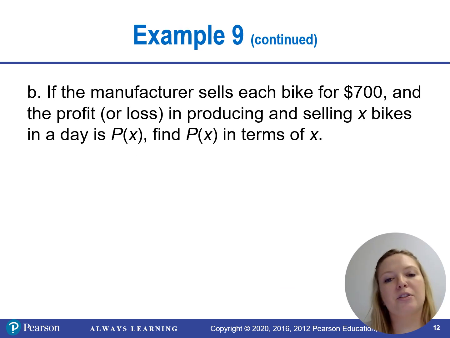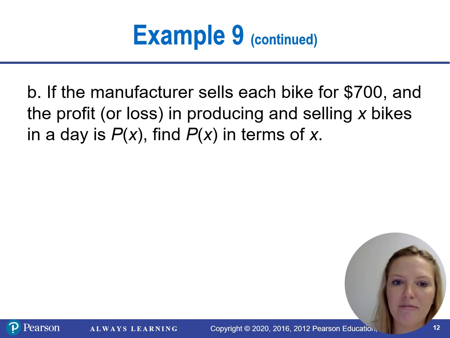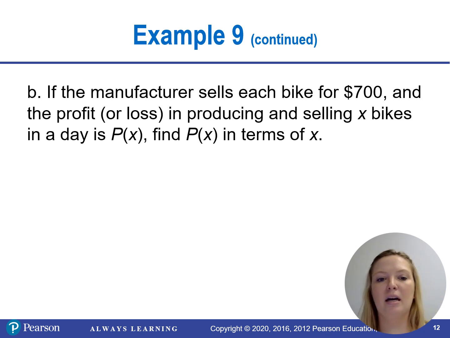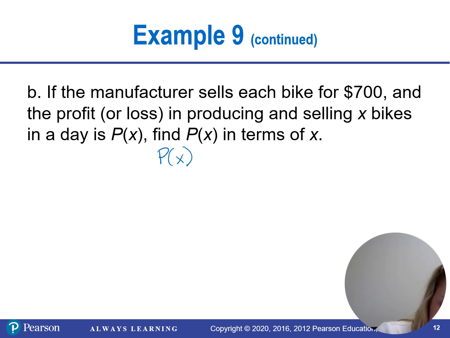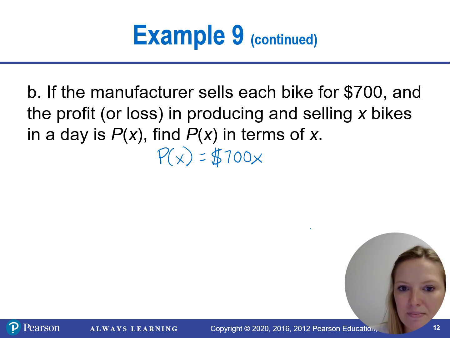Now, if the manufacturer sells each bike for $700 and the profit or loss, if they don't make money in producing and selling x bikes, is P of x, then we can write P of x as a function in terms of x. They're going to make $700 per bike, so a positive $700 times the number of bikes, x.